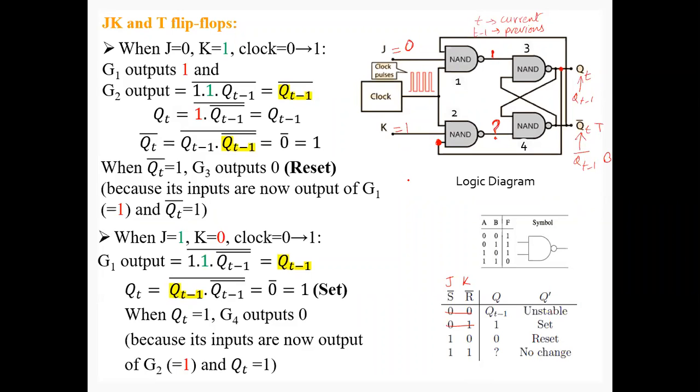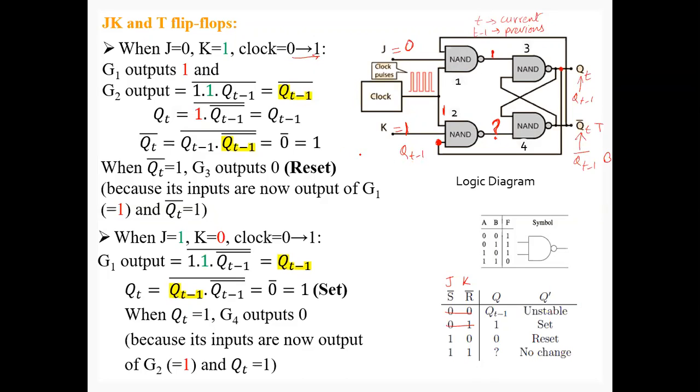So that's why, what is the output here? NAND gate, right? You have 3. By the way, clock is always 1 because it works when it transitions from 0 to 1. That's why clock is always 1. So this is always 1. This is already 1, right? And this guy is QT minus 1.